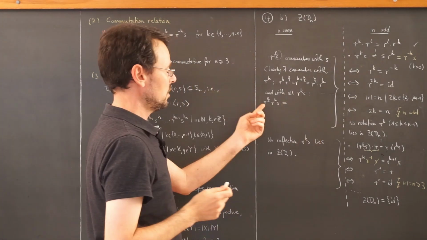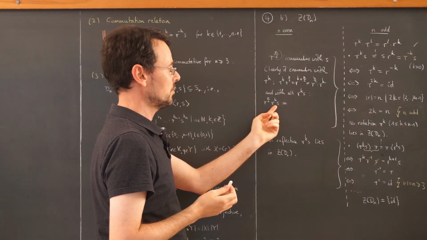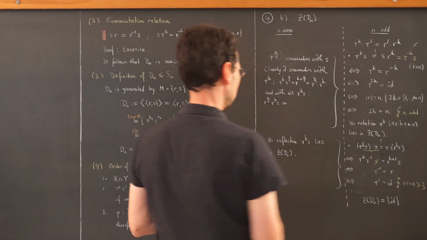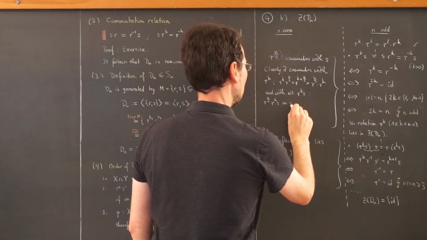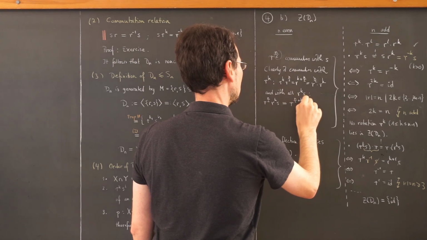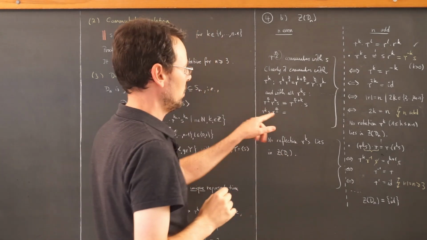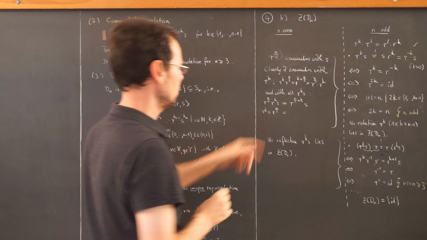Why? Let's see. We take this and multiply it with any reflection, which looks like that. So we end up with r to the n over 2 plus k times s. What about if I switch the order around here?